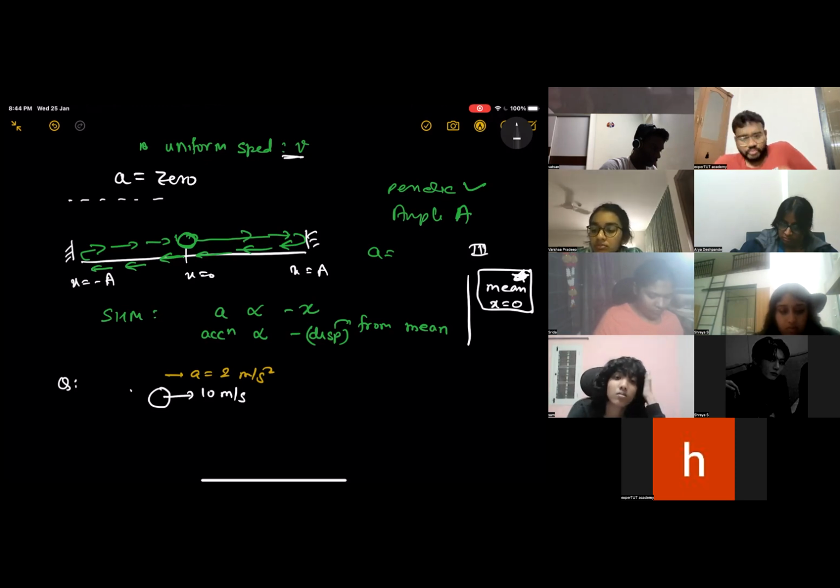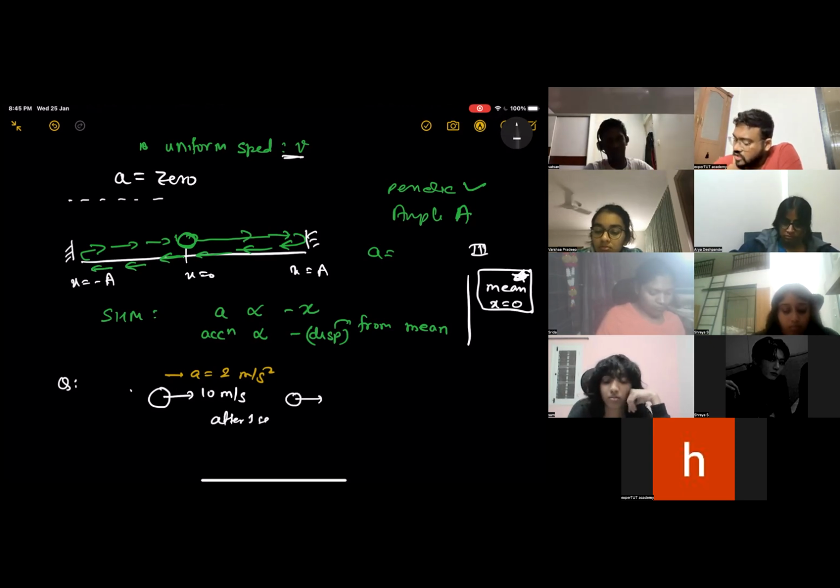What is going to happen? V is equal to u plus at. Yes, sir. So V is equal to 10 plus 2, 12. So after 1 second, the speed is going to be 12 meters per second, right?